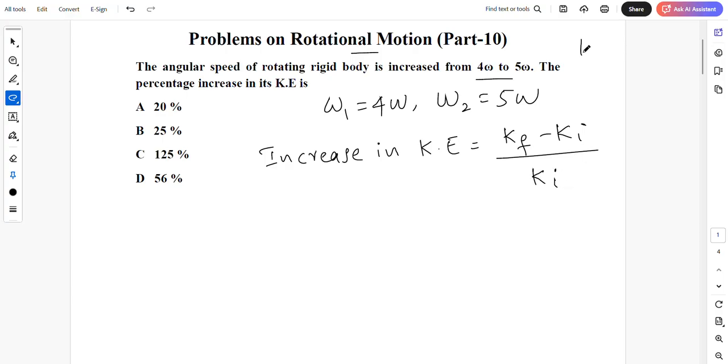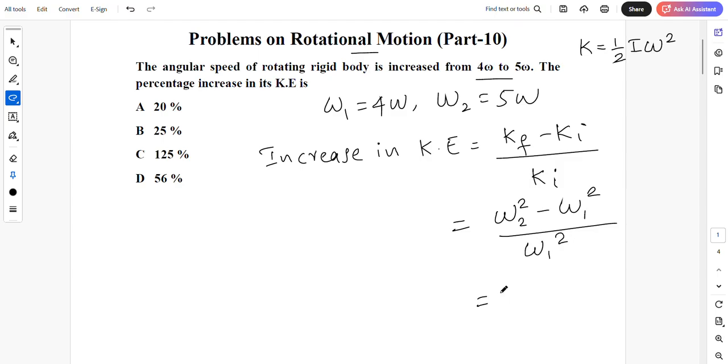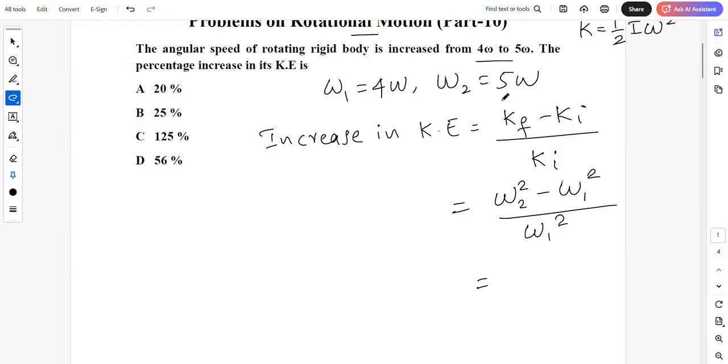Okay, we know that kinetic energy is equal to 1 by 2 I omega square. Here 1 by 2 I gets cancelled, therefore we'll be getting what? Omega 2 square minus omega 1 square divided by omega 1 square. That is equal to, how much is omega 2? 5 omega the whole square minus omega 1, which is 4 omega the whole square, divided by 4 omega the whole square.